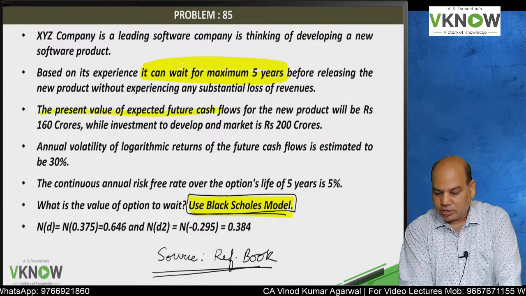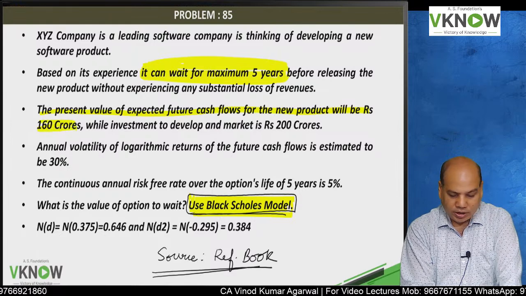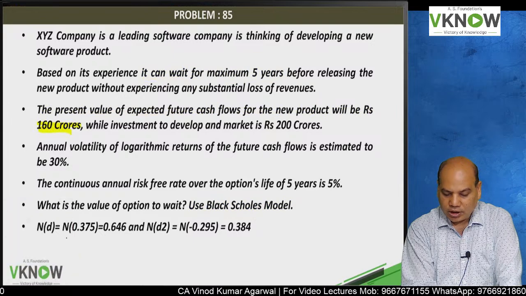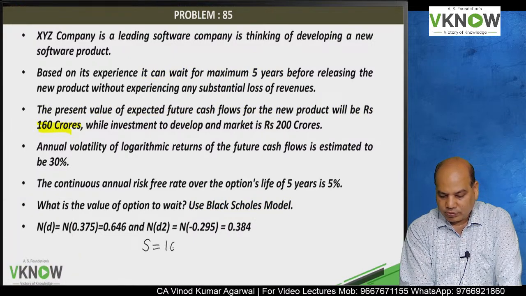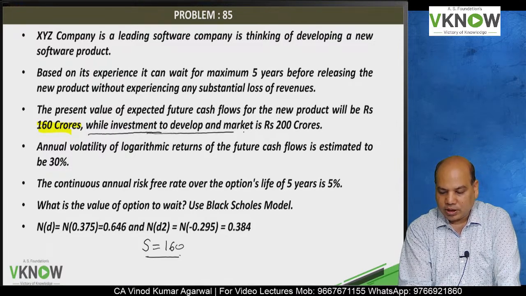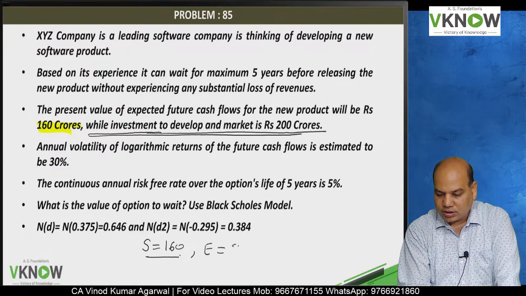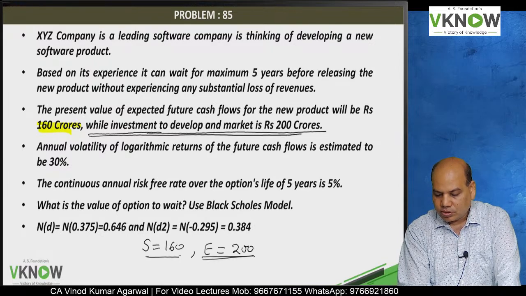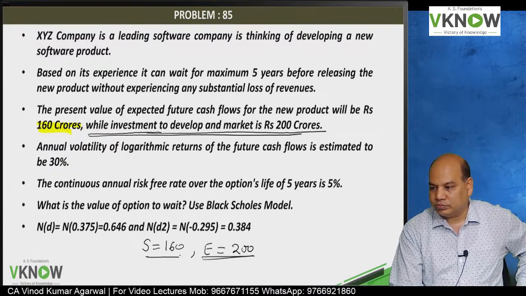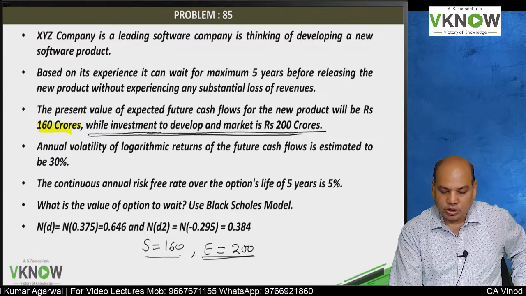That is treated like share price in the Black-Scholes model. While the investment to develop and market is 200 crore. This is like the exercise price, the investment amount. If you want to undertake the project, then you have to pay 200 crore.